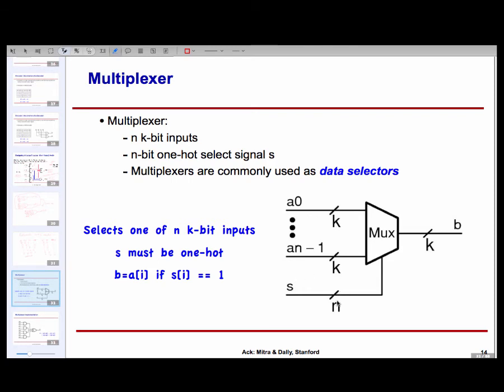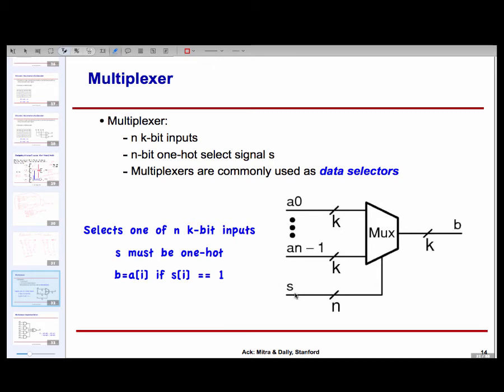With this n-bit input, which is one-hot coded, I'm going to select one of the n sources. For example, if I want B to be equal to A0, then the input S is going to be 0, 0, 0, 0, 1. If I want B to be A1, then S will be 0, 0, 0, 1, 0, and so on and so forth.